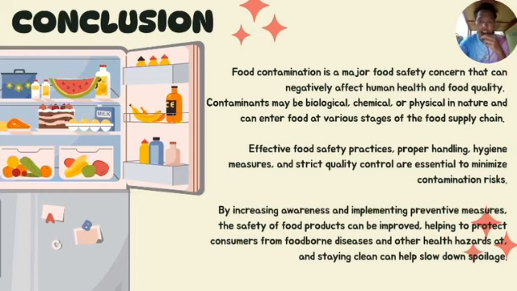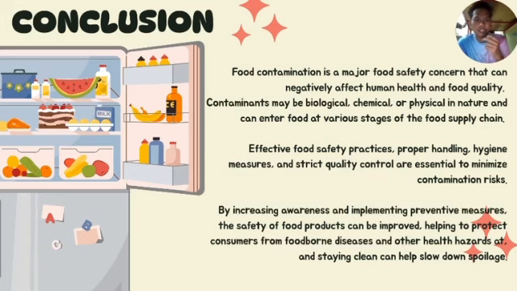Last but not least, we have a conclusion. Food contamination is a major food safety concern that can negatively affect human health and food quality. Contaminants may be biological, chemical, or physical in nature and can enter food at various stages of the food supply chain.